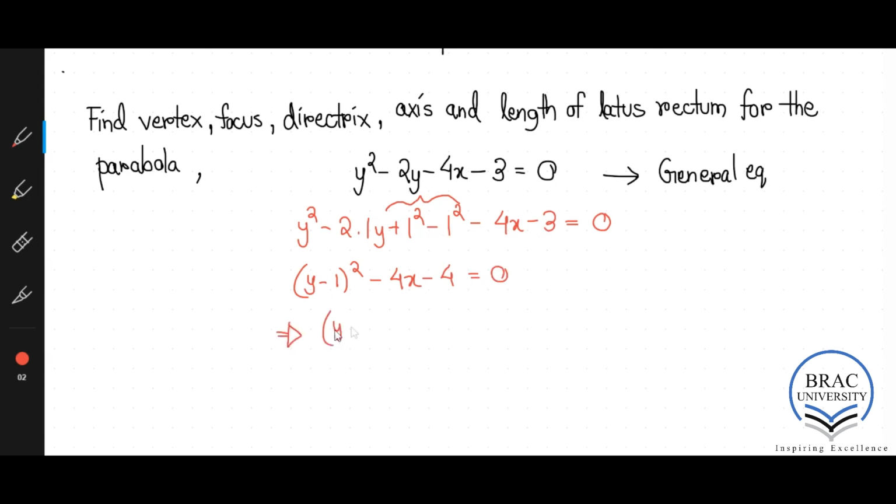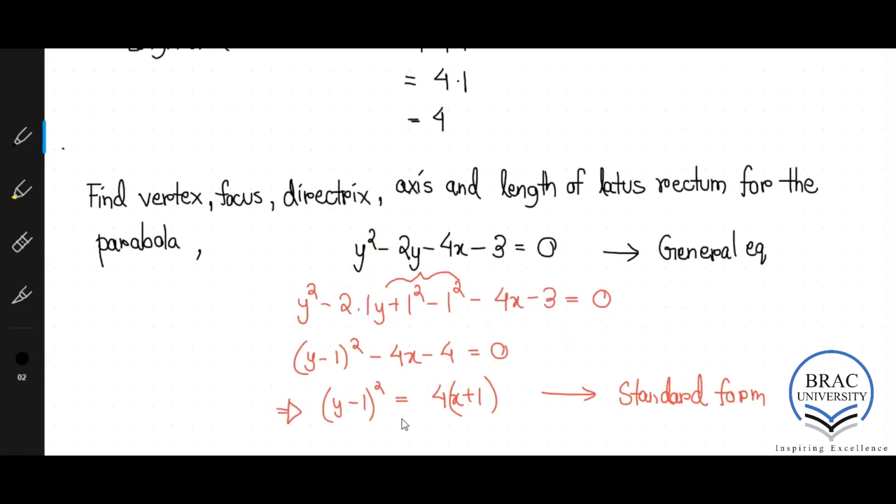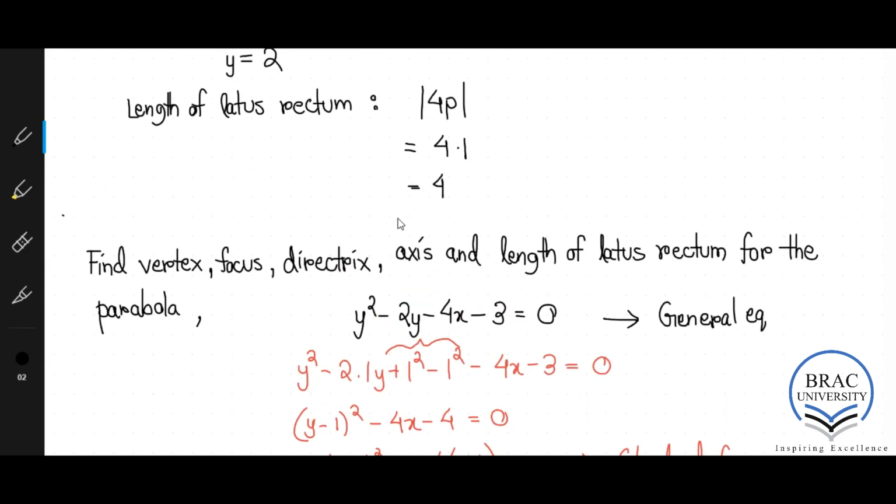We can rearrange this to have this form, 4(x + 1). So that's the equation of the parabola in the standard form. It's always useful to convert it to the standard form. The rest just follows from what we just did a while back.